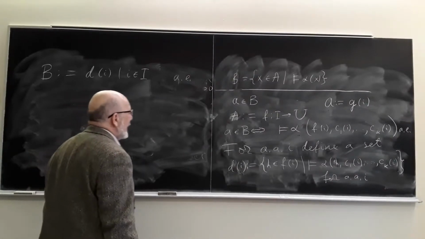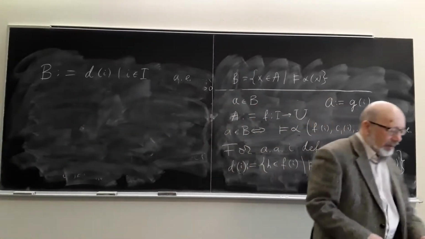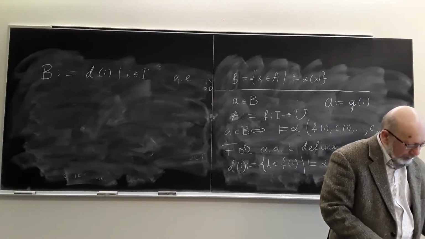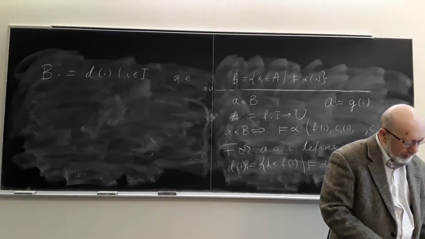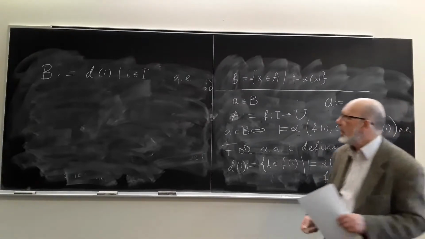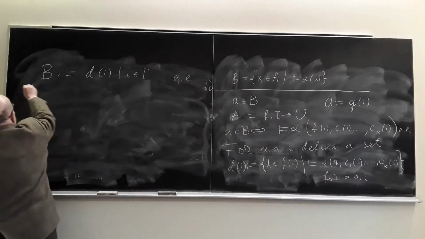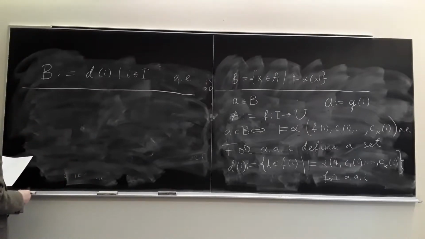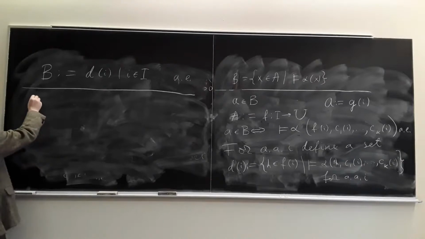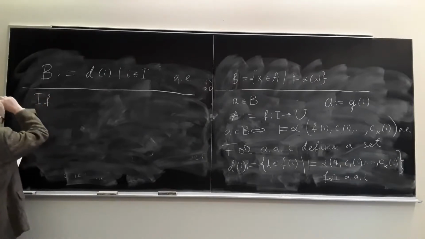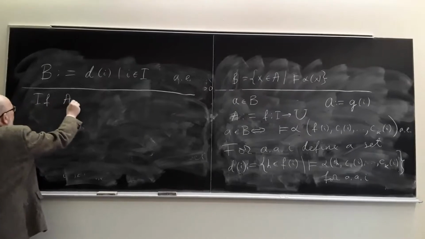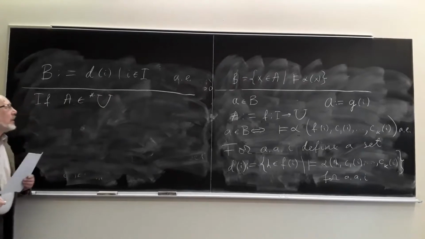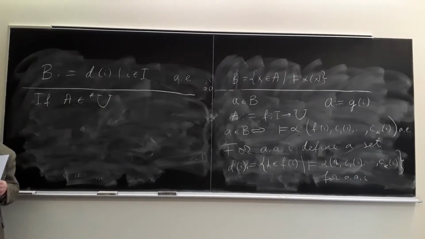So this way we found, proved this great theorem. In particular, if A is an element of star U, this means that A is an internal set.